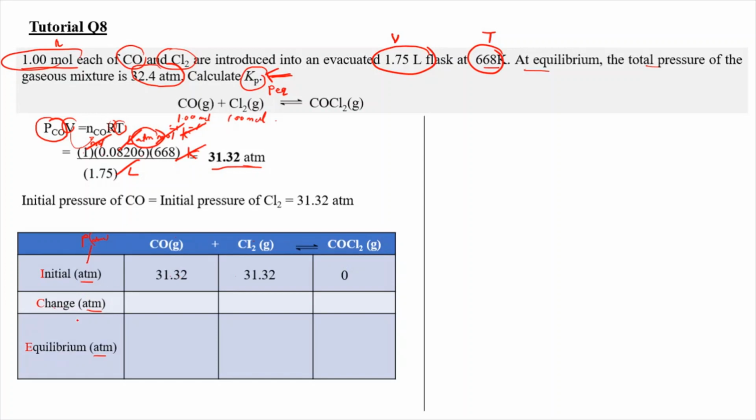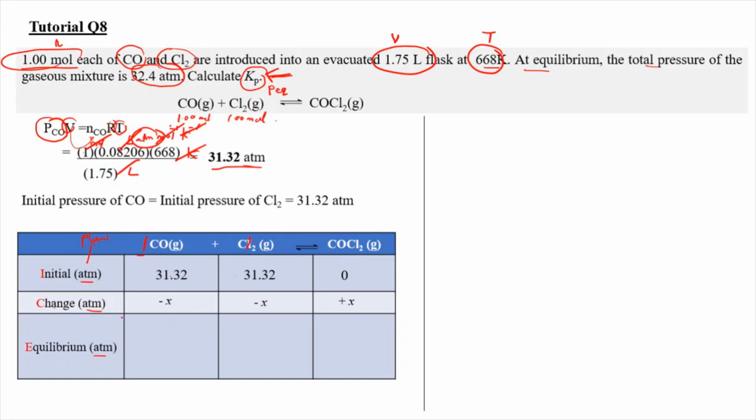Then as time goes by, the partial pressure of the CO and Cl2 will decrease by X pressure. The stoichiometry here is 1, so it's minus X for CO, minus X for Cl2, and plus X for COCl2, because the product increases by time and the reactants decrease by time.